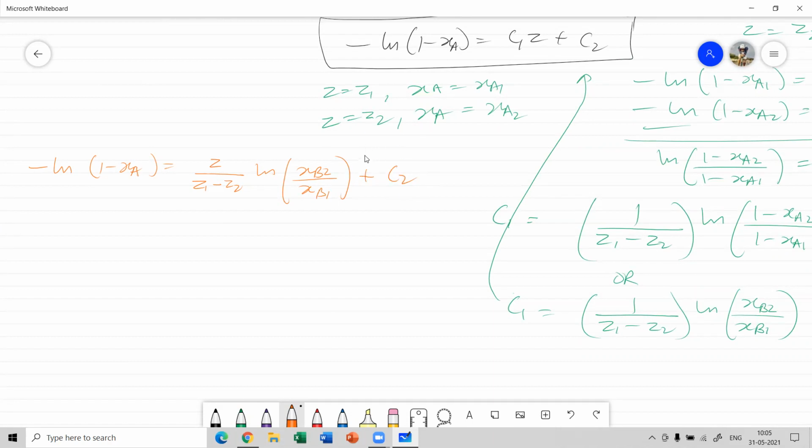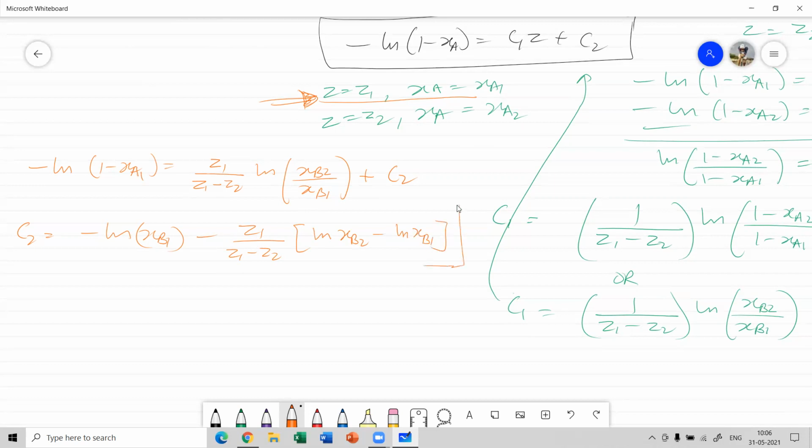Now let's use the first boundary condition, that is x_A1 at z1. So what we have is C2 equal to minus ln x_B1 minus z1 over (z1 minus z2) into (ln x_B2 minus ln x_B1).